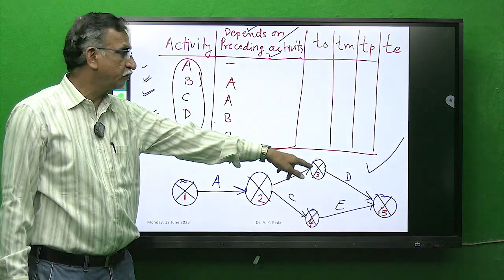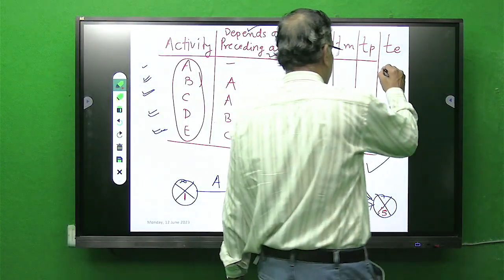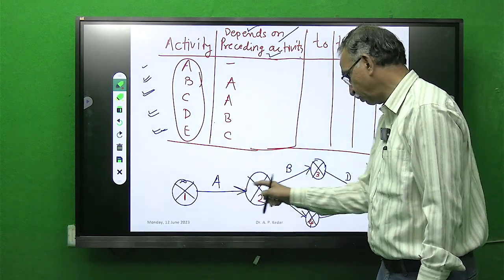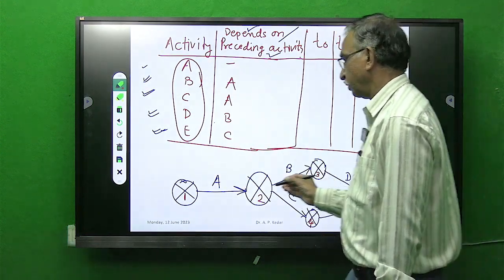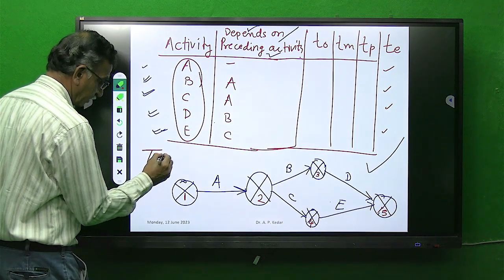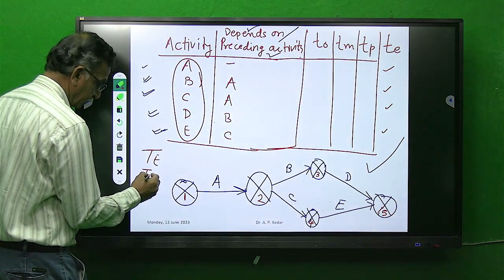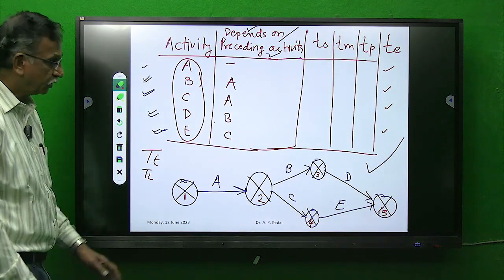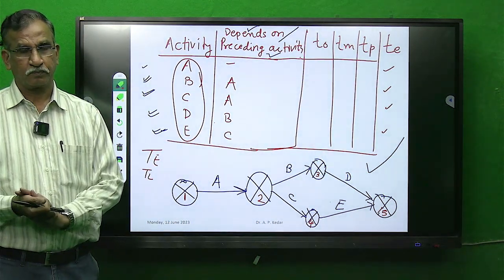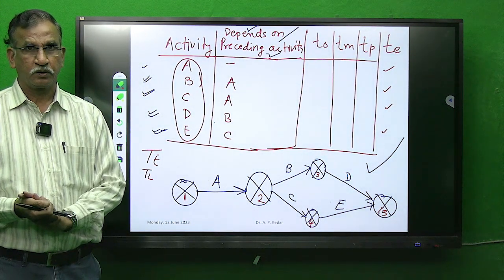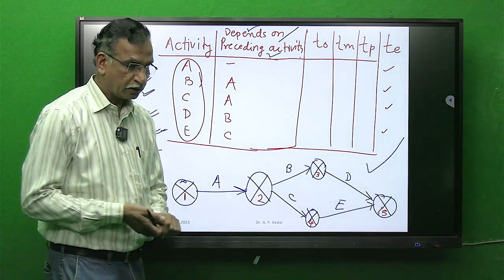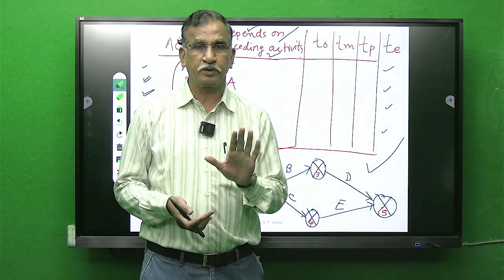Suppose timings are given, calculate these timings for all 4 activities and put them below. Forward pass, find T, then find TL, backward pass, find the critical path, the same method. Got it? So this is how in the real sense the entire PERT problem is solved.